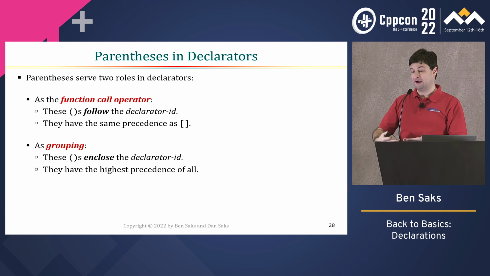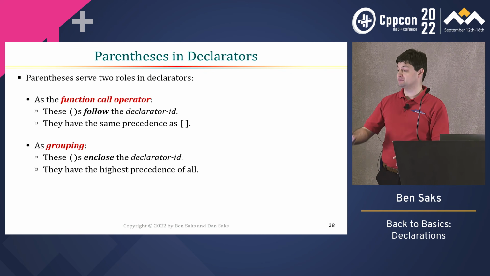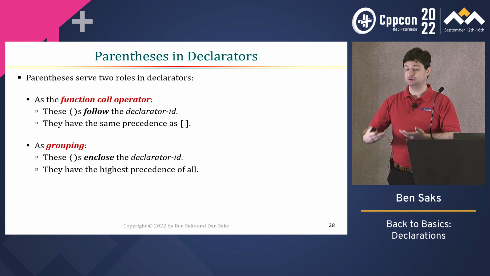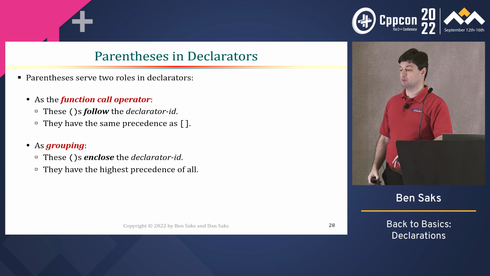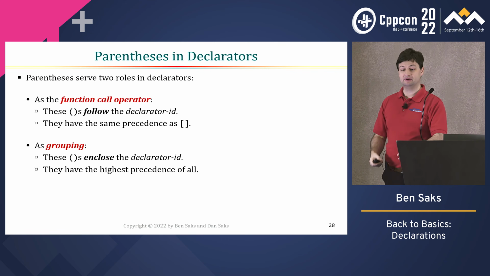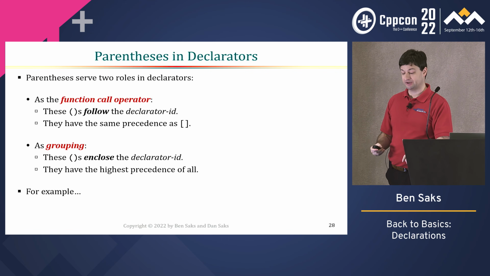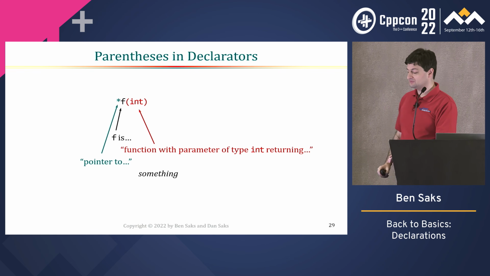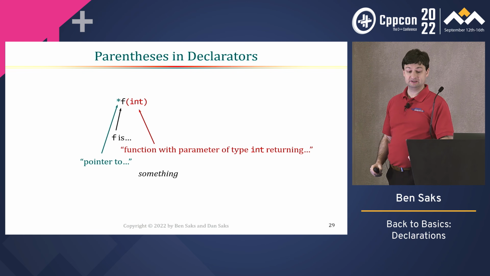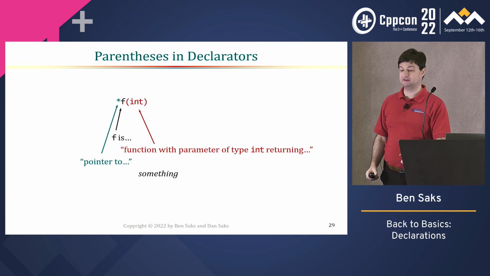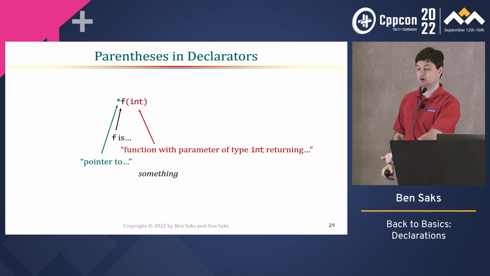And they have the highest precedence of all, and they exist because they're generally used when we want to take one of those lower precedence operators and make it group more closely than one of the higher precedence operators. So for example, here, f is a function that takes an int and returns a pointer to something as given by the declaration specifiers off to the left.